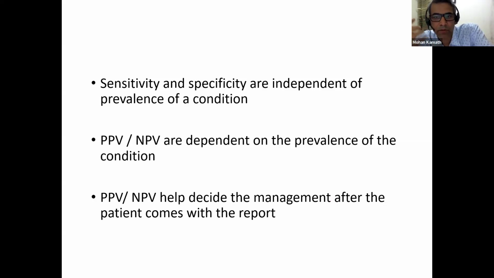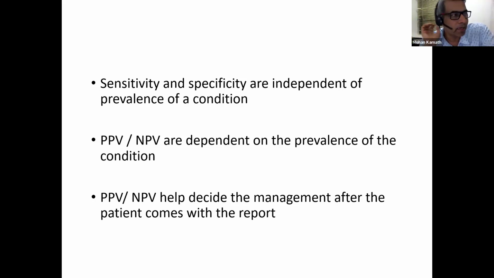To me, this was a very key piece of information I wanted to convey. Remember that sensitivity and specificity are independent of the prevalence of the condition, whereas PPV and NPV are dependent on the prevalence of the condition.